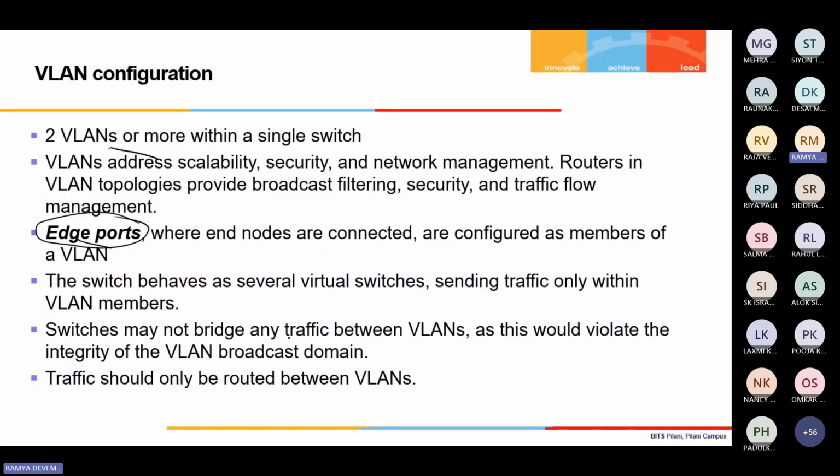So each edge port will be assigned a specific VLAN. So the switch will behave like multiple virtual switches. It will forward the traffic only within the VLAN. It does not bridge the traffic across VLANs, in order to maintain the broadcast domain. Okay. So if two systems on two different VLANs want to communicate, they have to pass through a router. Fine.